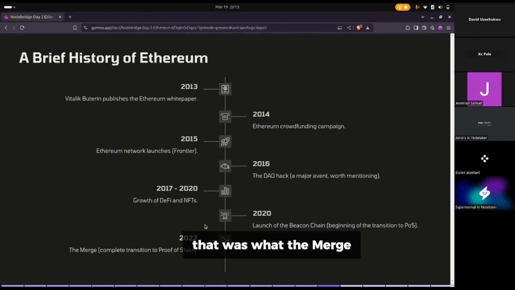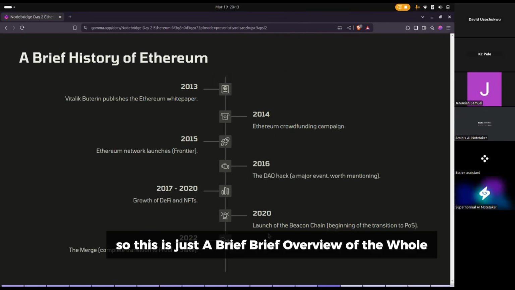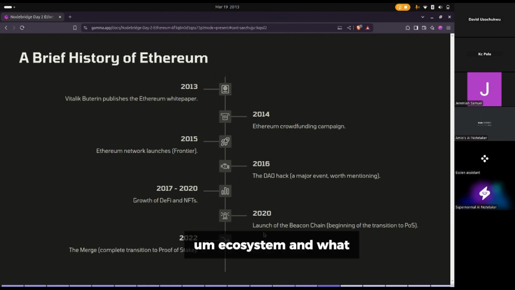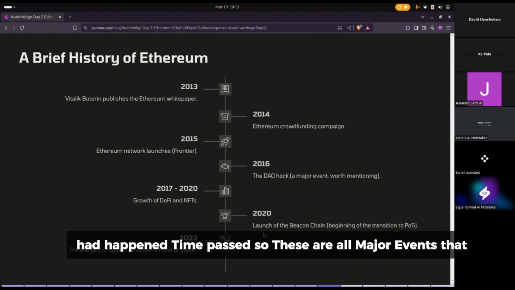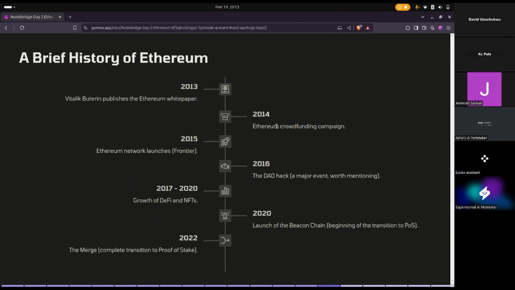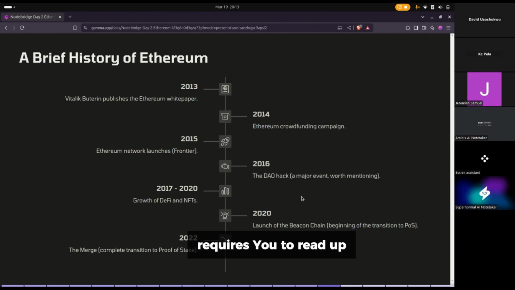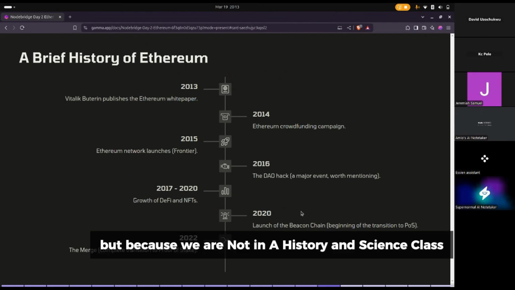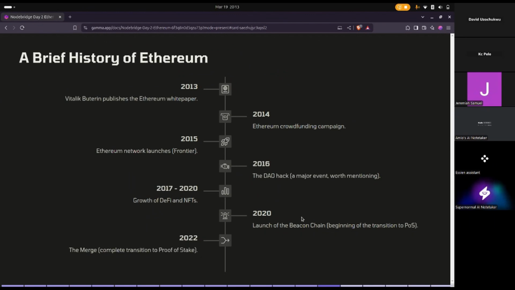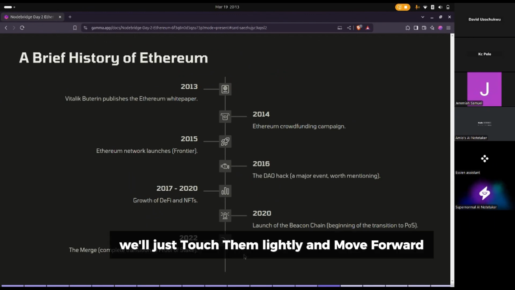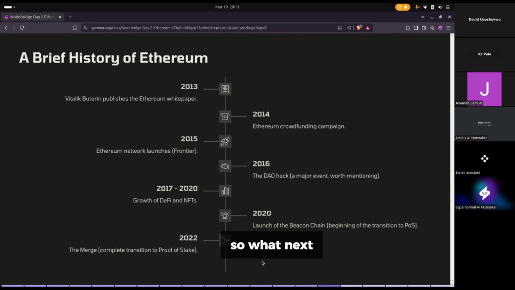This is just a brief overview of the whole ecosystem and what happened in time past. These are all major events that require you to read up, but because we are not in a history and science class, we'll just touch on them lightly and move forward. So what next?